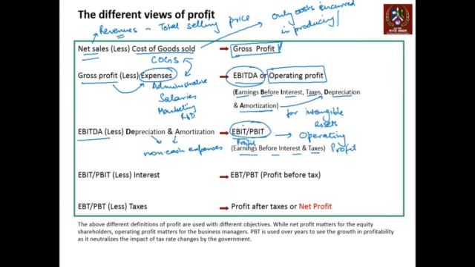Anything is fine, right? Now, from EBIT, which is earnings before interest and taxes, if you remove the interest component, what is left? Interest goes to the debt holders of the company, the guys who have given the debt to the company. What is left is earnings before tax or profit before tax.